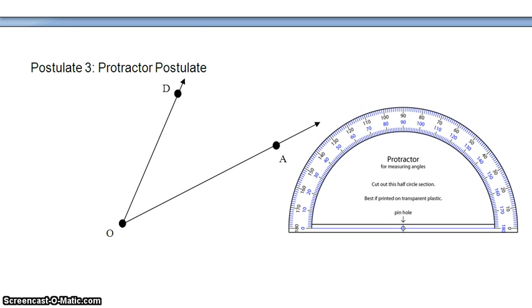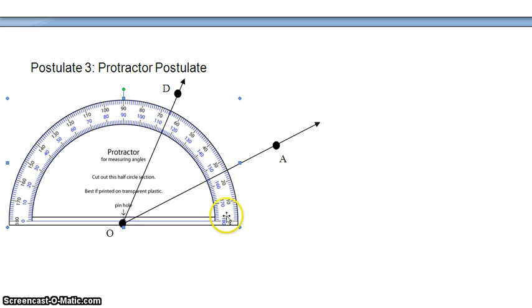Similar to postulate 1, postulate 3 allows us to measure angles. To measure an angle, we're going to use a protractor, and we're going to measure our angles in degrees. Here we have angle DOA, or angle AOD. To find its measure, I'm going to take my protractor and put this point right on the vertex.